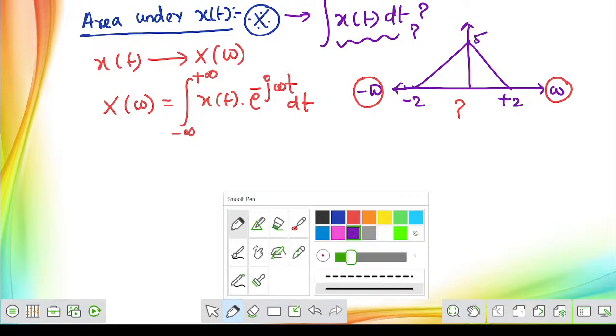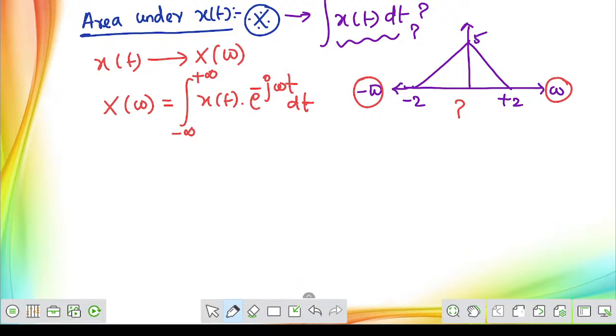If you compare this with the area under x of t formula, what factor is missing here? The factor that is missing when we compare these two is e power j omega t. Everything else is there: x of t and the rest.